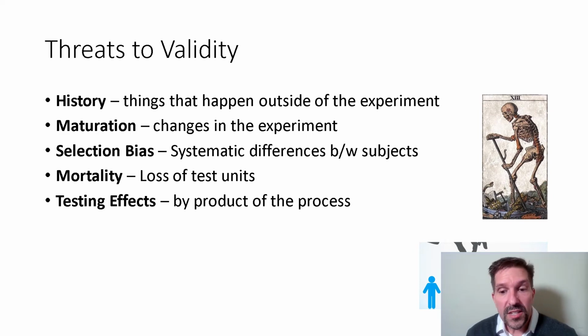Okay. What else could be happening? Something else that is an important threat to validity, that in this case is probably not an issue, is selection bias. That essentially means that the people across different groups are actually different. In our case, because there is only one group, we probably don't need to worry about this.